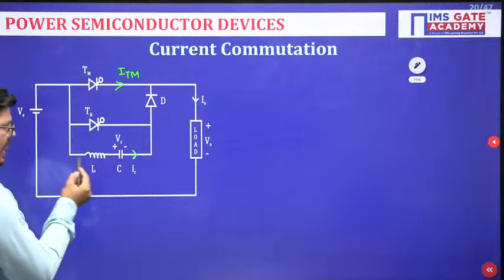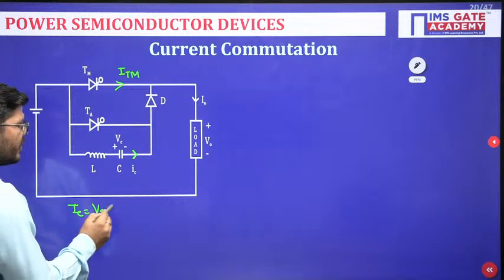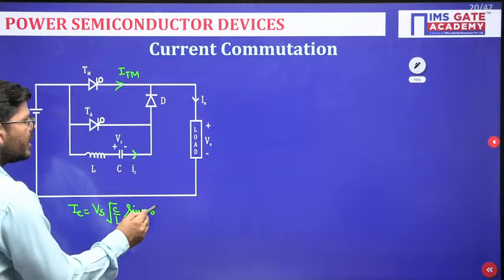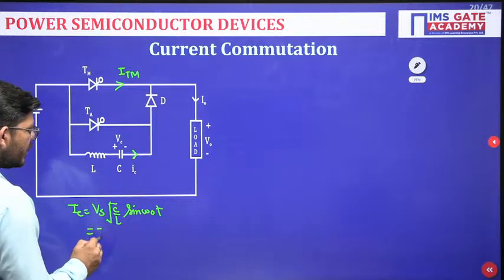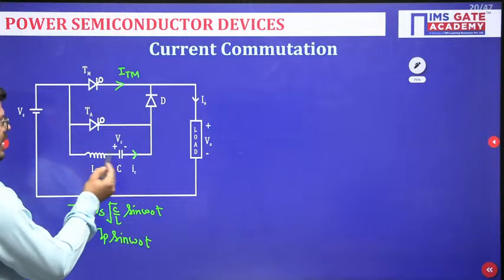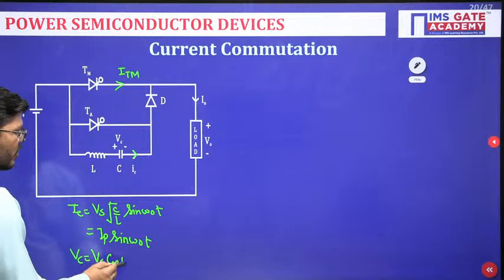Now this IC current is flowing in an LC circuit. So what is this IC current? This IC current is Vs times root of C by L times sin omega naught t, or you may also call it IP sin omega naught t. And the capacitor voltage at any instant will be given by Vs cos omega naught t.